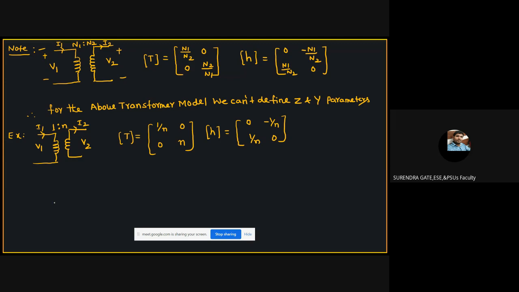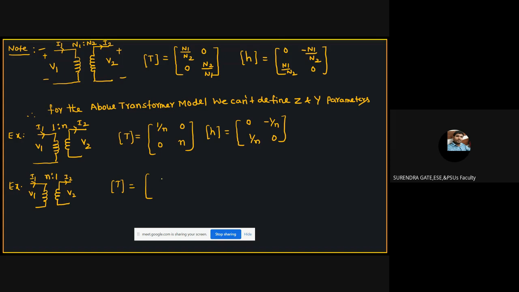For example, one more example I am giving. The same transformer, if the ratio is given as N is to 1. This is I1 and V1, and this is I2 and V2. Now you can calculate what the T parameters and the H parameters are.